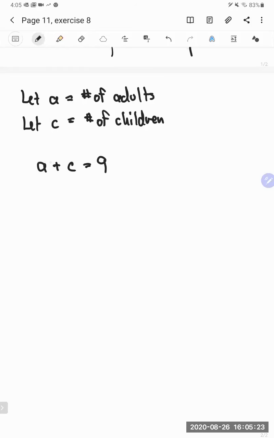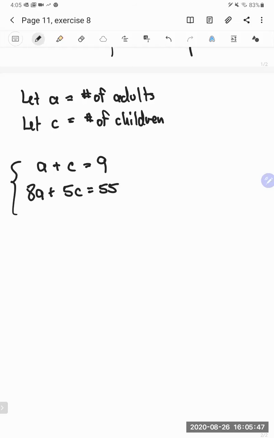So the amount charged would be 8 times the number of adults, plus 5 times the number of children. This is the total amount that you're going to get charged, and we know that it should equal 55, right?